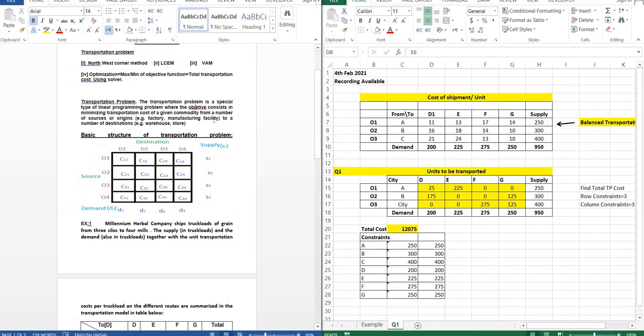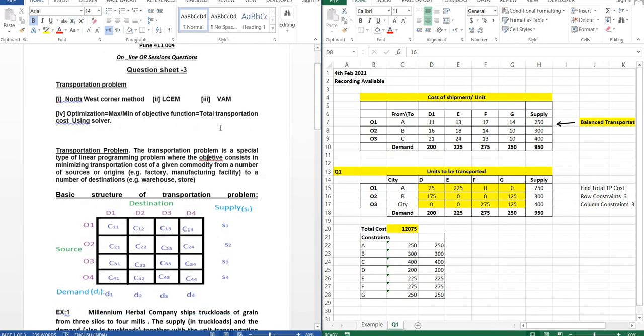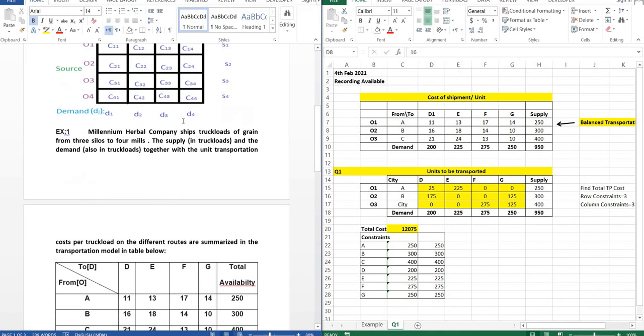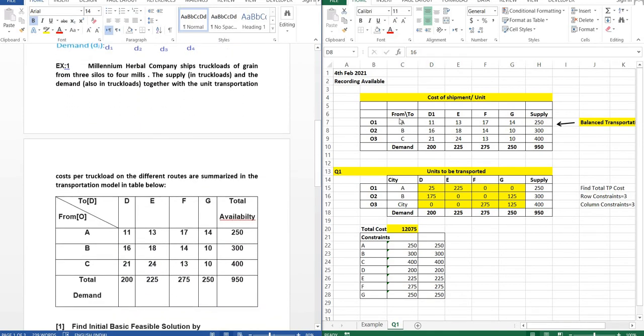That means after finding the initial solutions, you have to use the solver and get the optimum. Come on, start the work. I have given sharing of the question sheet. All of you have to start the work.